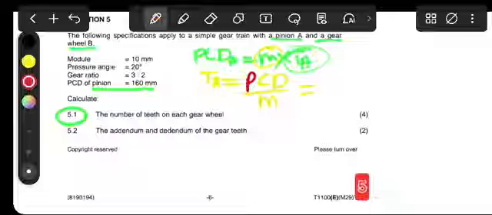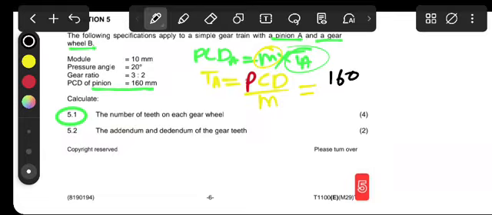Per se, the PCD you've given is 160 divided by the modulus. The modulus there is 10. The teeth of A will be 160 divided by 10, which is 16 teeth.